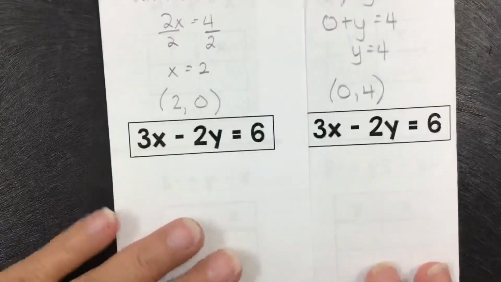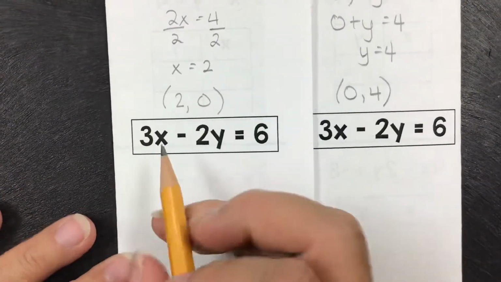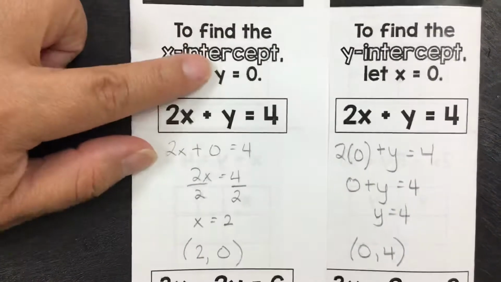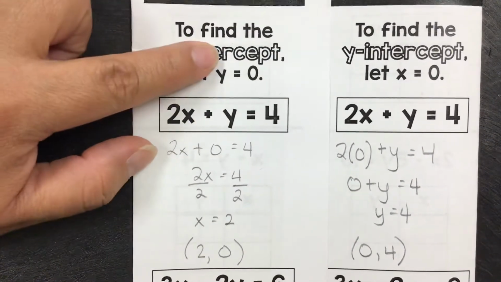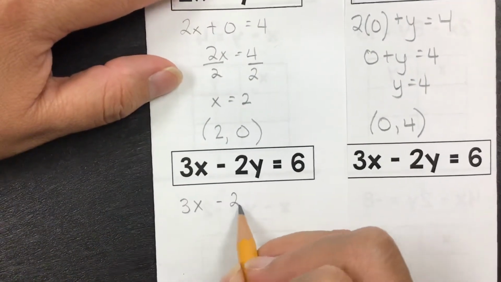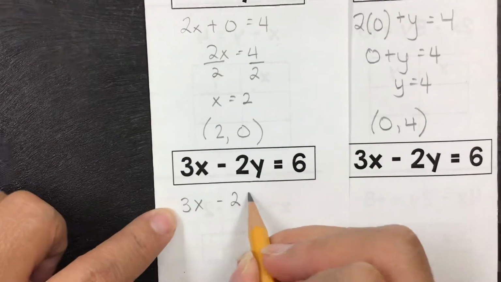Let's try that again. We're looking for the x-intercept on this side, so the y is 0. Remember, when you solve for x, that's an x-intercept.